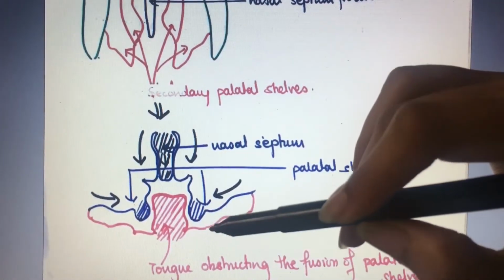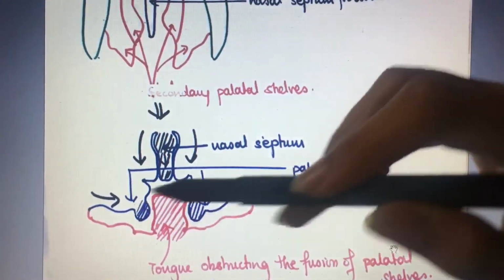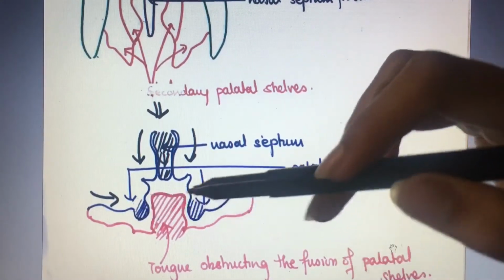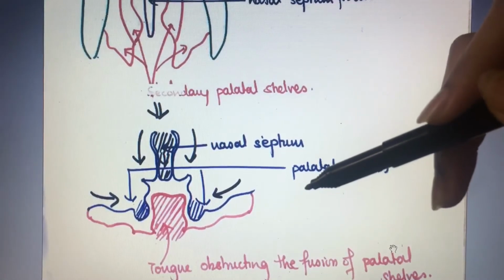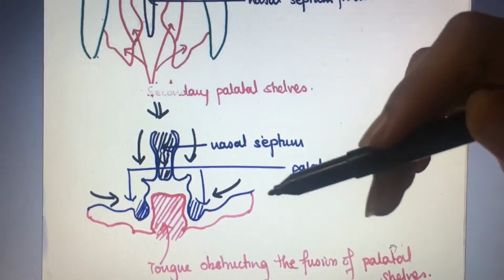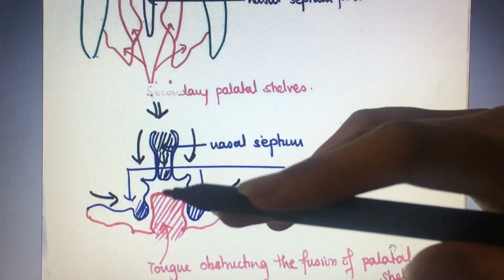So as the tongue develops during the end of the 7th week and moves to a more downward position, after this there is fusion of the palatal shelves by the palatal shelves moving towards each other. So by 8.5 weeks of intrauterine life, the shelves are almost in close approximation with each other.